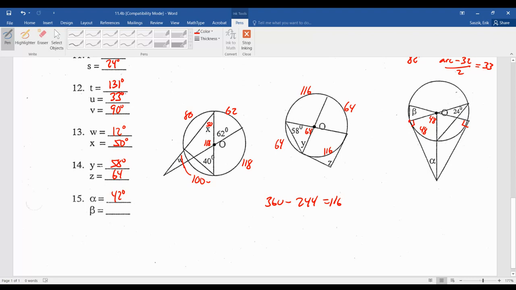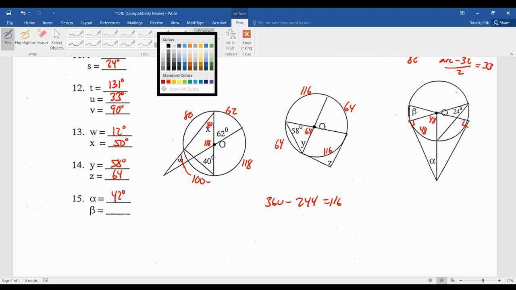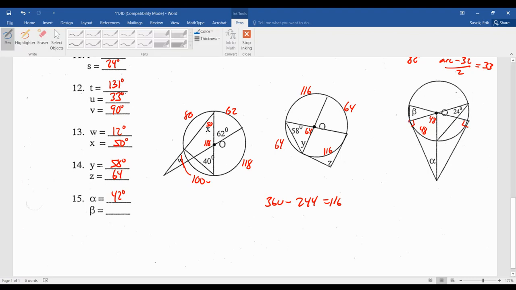Okay. And remember, these two triangles that I'm going to bold in blue, these two right triangles, they're going to be congruent, right? Because you know that these tangent segments are congruent. You got right angles, you got radii, you got reflexive, you can do SSS.